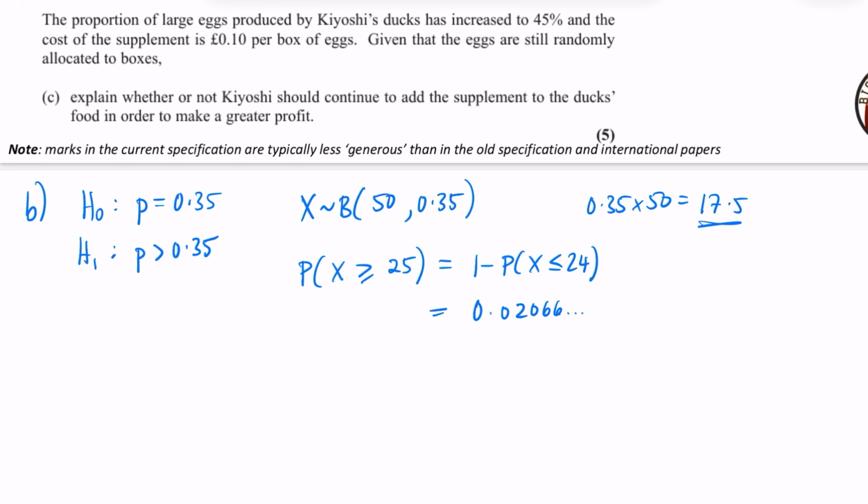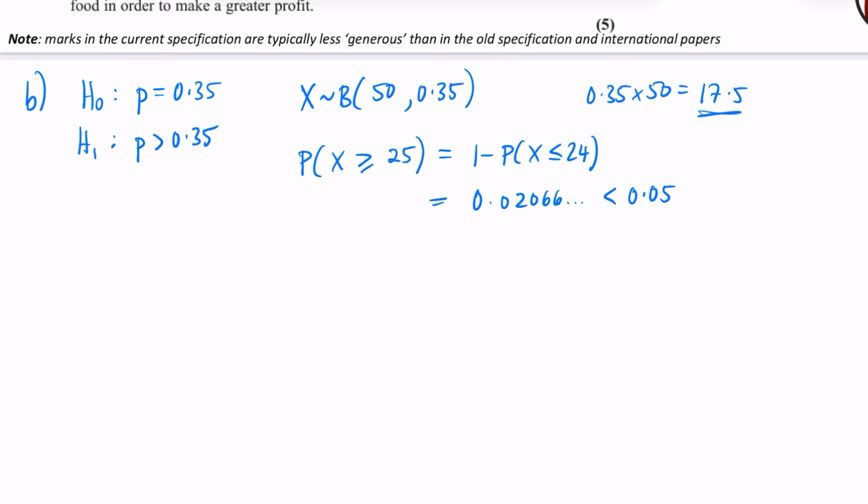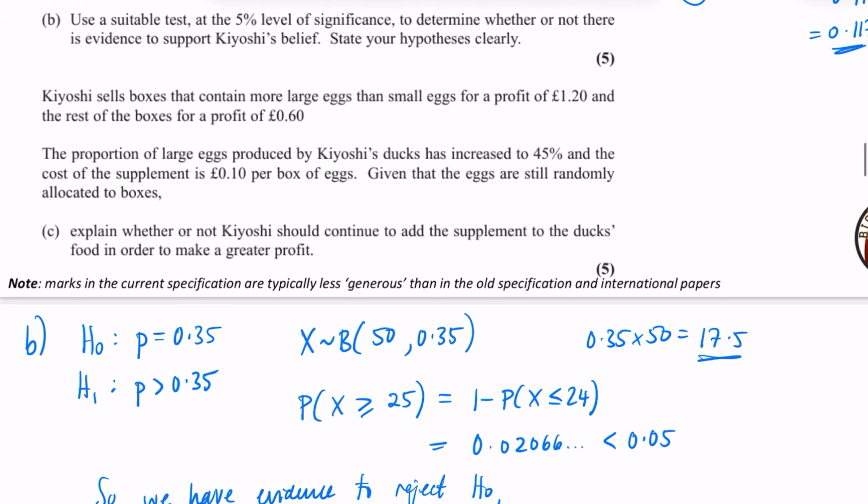0.02066. It is a low probability, which is lower than the 5% significance level that we had. So because it's lower than the 5% significance level, we have evidence to reject H naught. And then we want to put it in the context of this question.